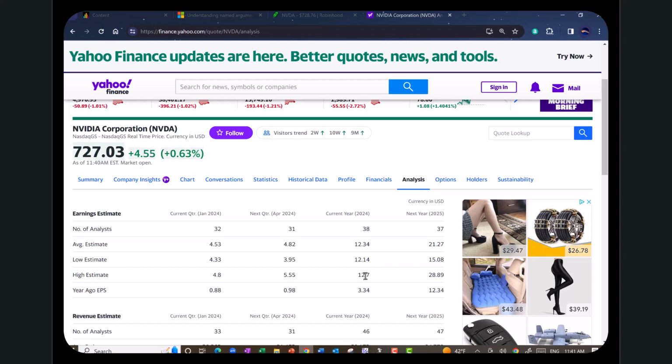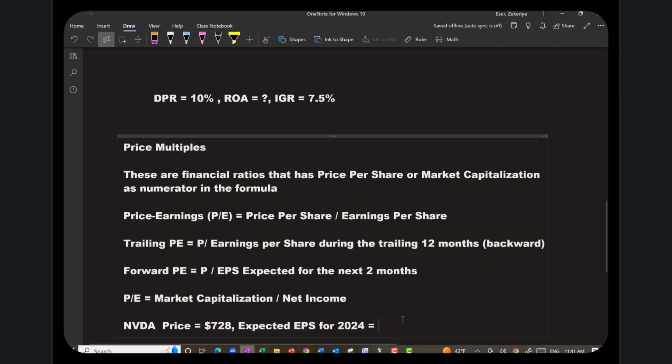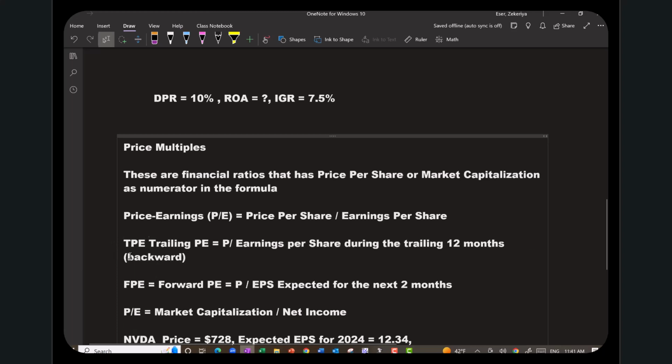It varies anywhere from 12.14 to 12.7. So I'm going to use the average. And by the way, I'm gonna abbreviate that to FPE. This is TP, and earnings per share is EPS.